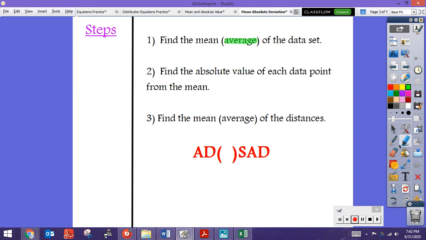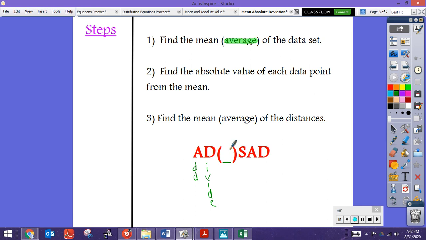We're going to use this little acronym ADD/SAD to help us remember what to do. A meaning add, addition, right? D meaning divide. After you add and divide, which would be step 1, that number would go here in the parentheses, right?